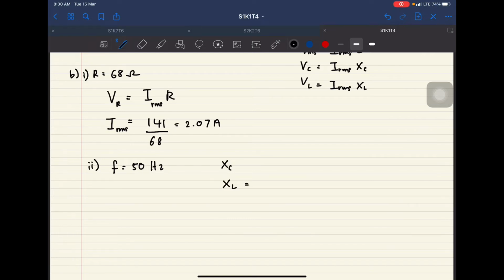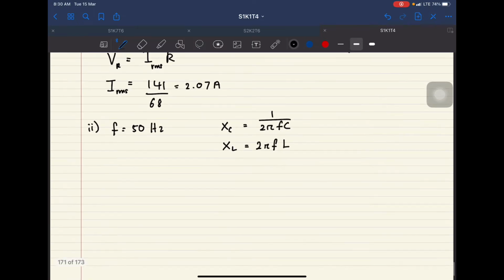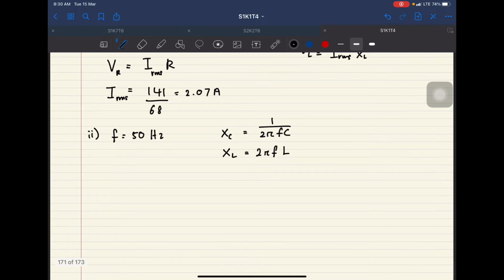So XL is basically 2 pi FL and XC is 1 over 2 pi FC. So you have to find XC and XL first, and then you can find the respective capacitance and inductance.